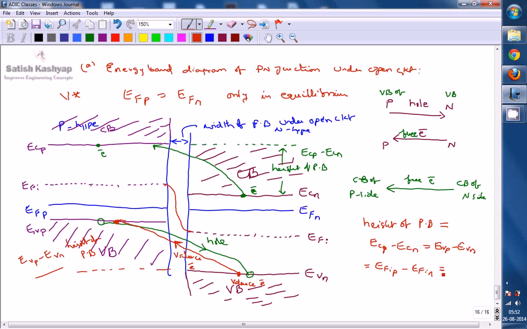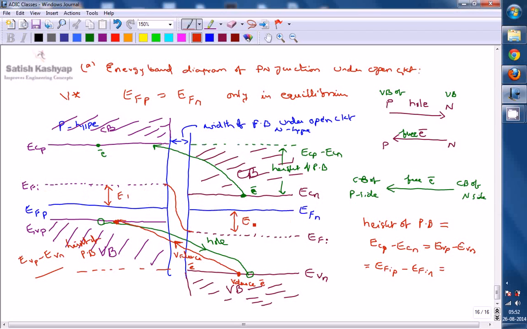Since EFP and EFN are going to be equal under open circuit, we can say like this, this is E1 for example, and this is E2.